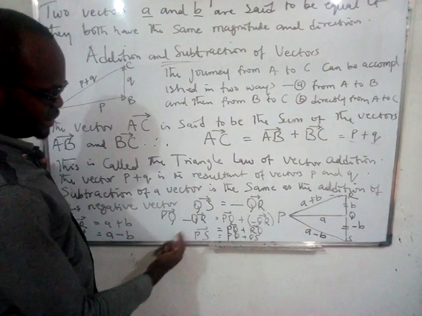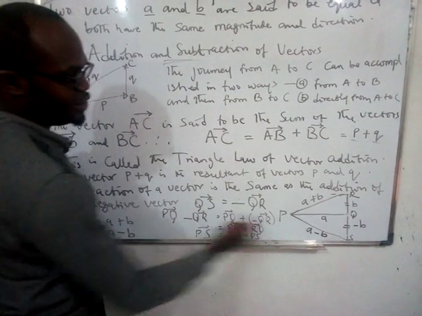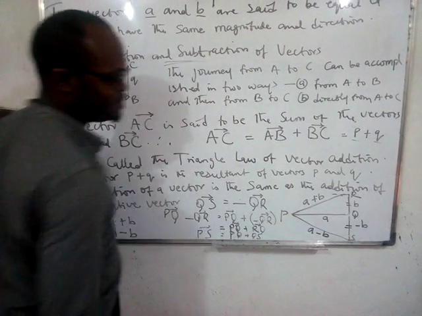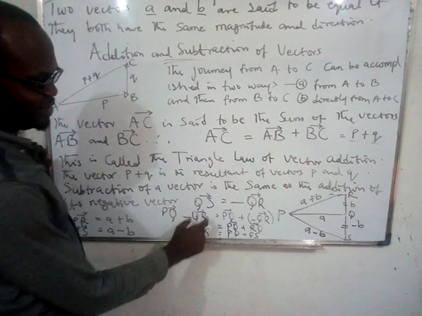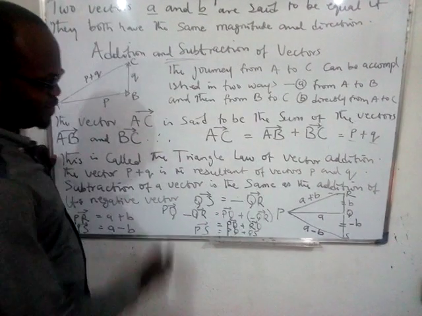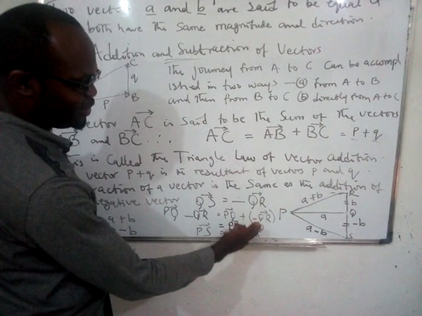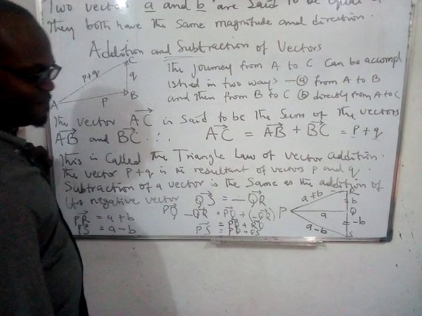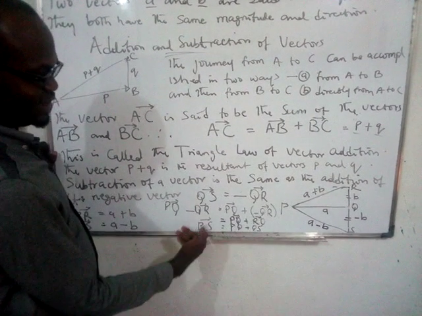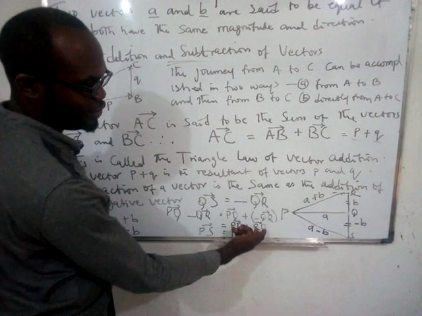So you can now say that PQ minus QR is the same thing as saying PQ plus the negative of QR. It's just addition of the negative vector. So you can now say that PQ minus QR is equal to PQ plus RQ.